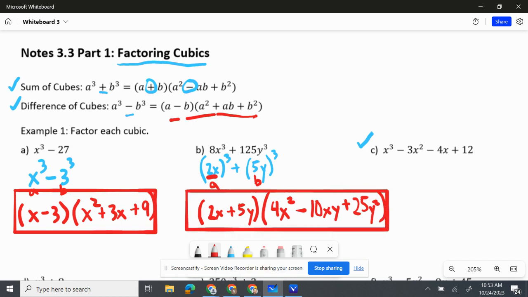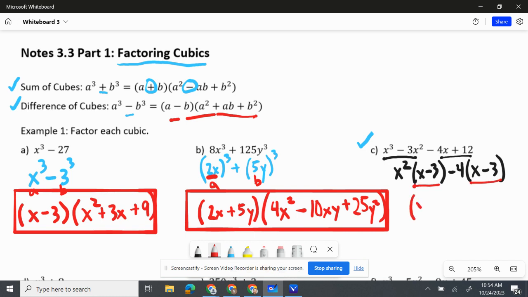Now, if I look at the next one, this right here is factoring by grouping. So I'm going to factor the first two, and that would be an x squared. I'm going to factor the last two, and that would be a negative 4. Then what I notice is that they both have an x minus 3.